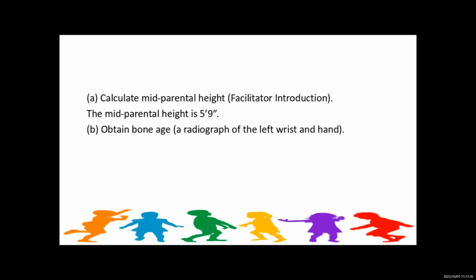I will not focus on the calculation of the mid-parental height, since we've been trying it quite often lately. I will go forward and let's focus on those other things.